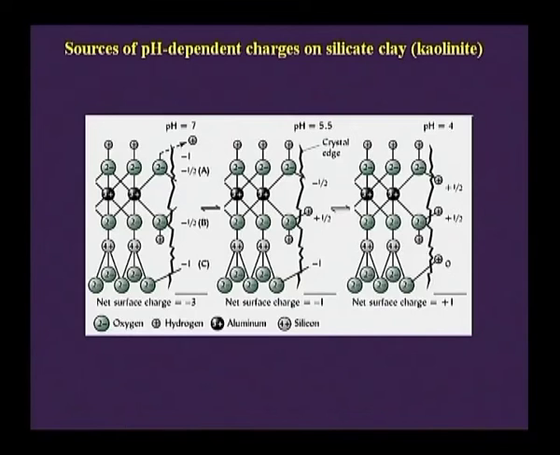In the first example, there is a net surface charge of -3 at pH 7. When pH decreases to 5.5, the net surface charge is -1, and when pH decreases further to 4, the net surface charge is +1, that is a positive charge due to protonation. This causes the anion exchange capacity of the soil.